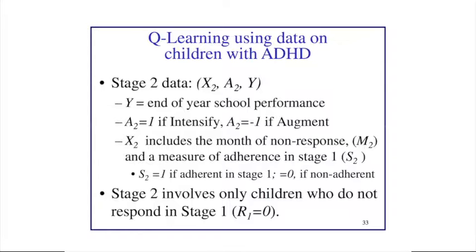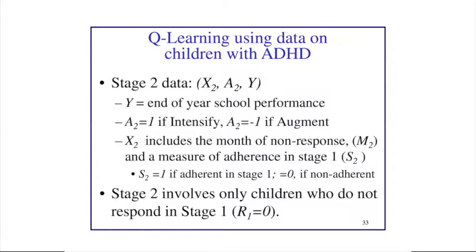I, on the other hand, wanted to look at adherence as a potential variable because, as a statistician, I am often given data sets in which people stopped adhering, and somehow I'm supposed to fix that. To me, adherence is actually a sign that you need to alter the treatment. So I was thinking maybe adherence would be a variable that would indicate whether or not we should intensify or augment treatment.